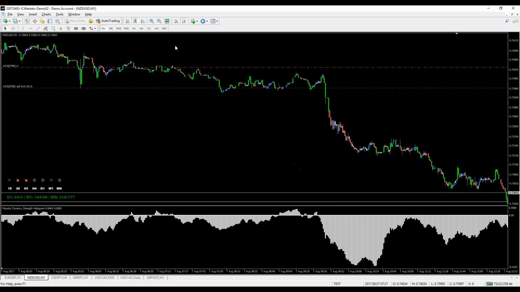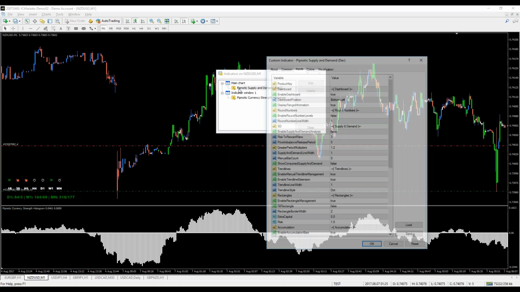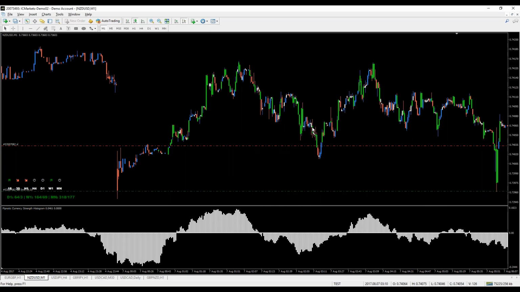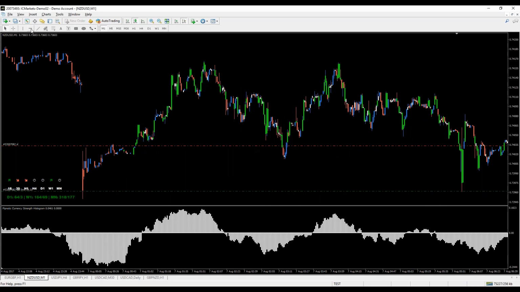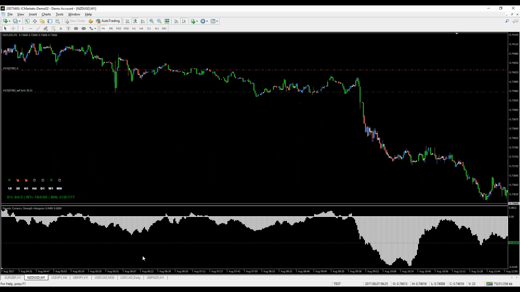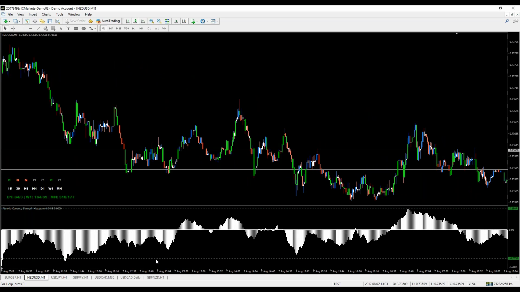And so I was putting these values on, and sorry for jumping around like this. These things are getting removed. So I found that when you get to extremes like this, price will often have a bounce. And if these extreme readings are located at an area of supply or demand, then price will often have a bit of a bounce.